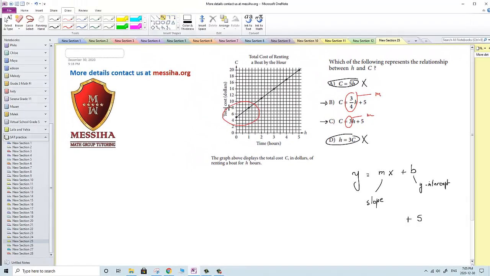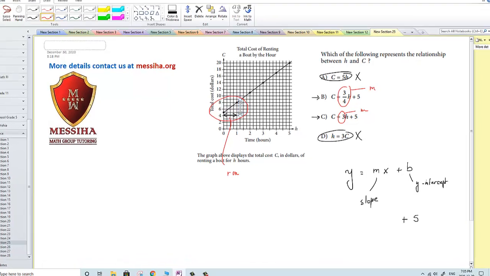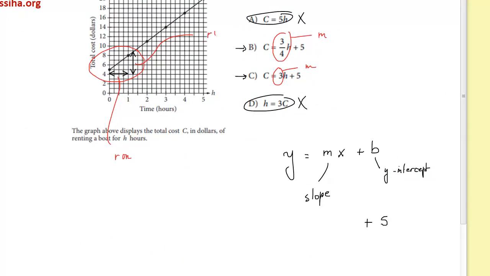That means this distance from 0 to 1, from here to here, is what we call the run. Now, the difference of y between this point and this point is what we call the rise. So this point at 8 and this point at 5.